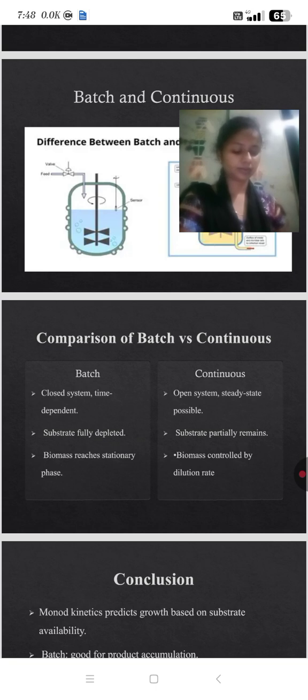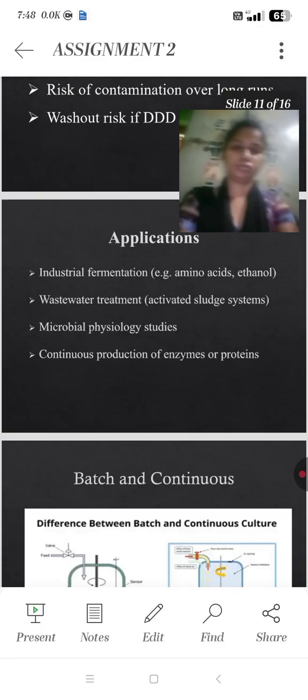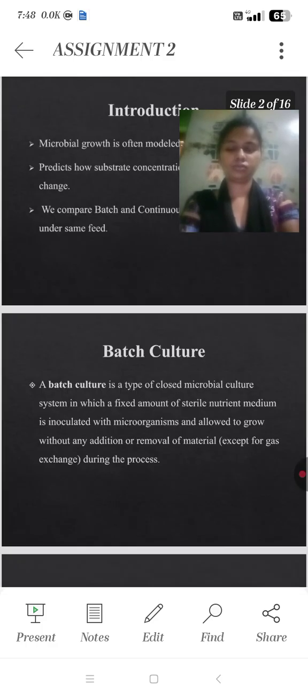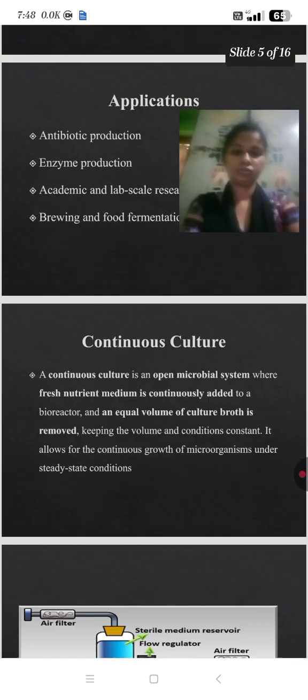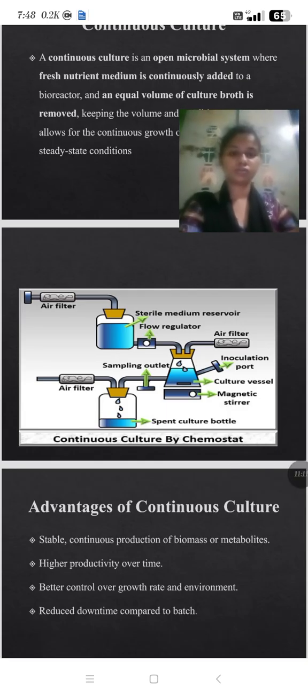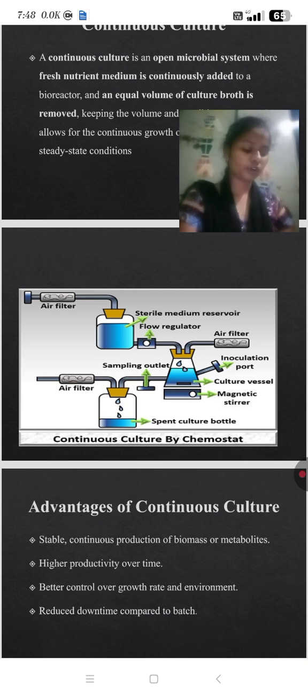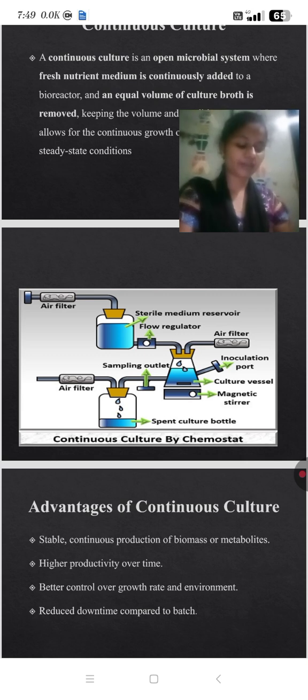An air filter ensures sterile airflow. The spent culture bottle collects the overflow, ensuring constant volume and steady state growth.